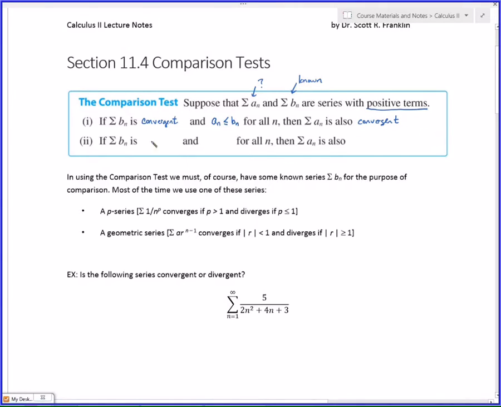On the other hand, if b sub n is divergent, and a sub n is always bigger than or equal to b sub n, then a sub n is also divergent.